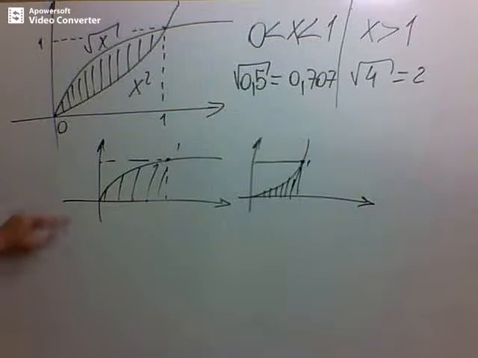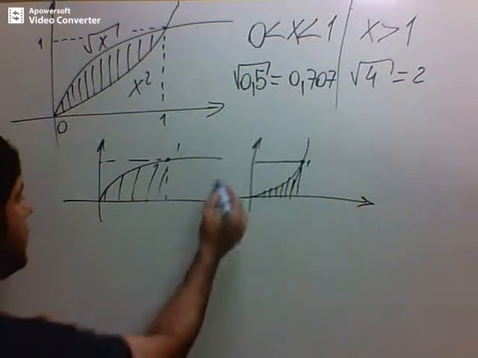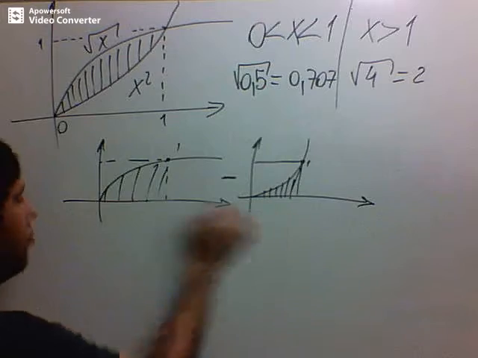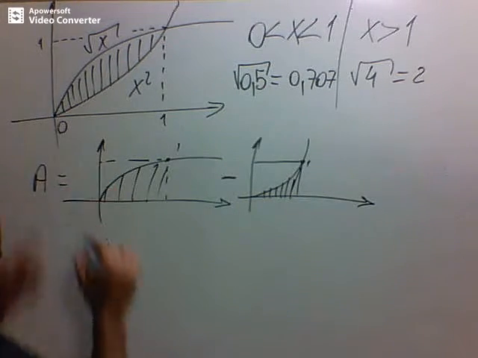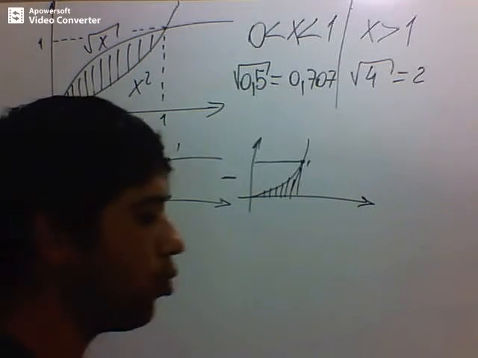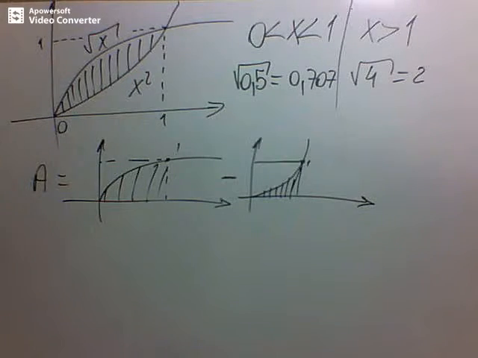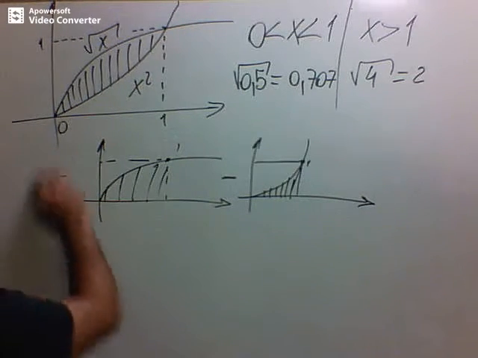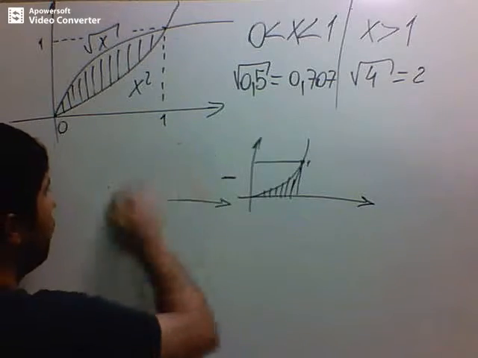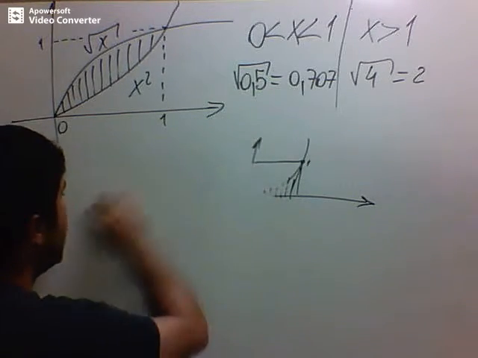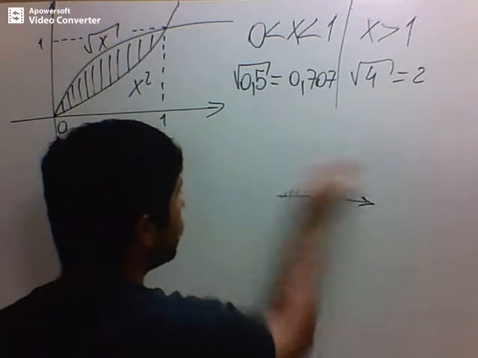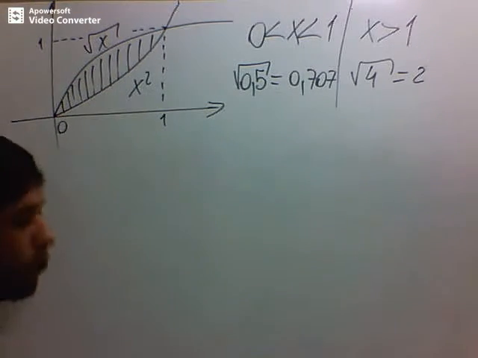Now I'm going to draw the second function, which is x squared, through 1 and 1, and we are interested in the area below the curve. If we calculate this and subtract this, we have the area that we wish to calculate, isn't it, my friends? I know that you are smart guys, and you know that what I'm doing here is going to produce exactly what we want. So let's go ahead and calculate it.